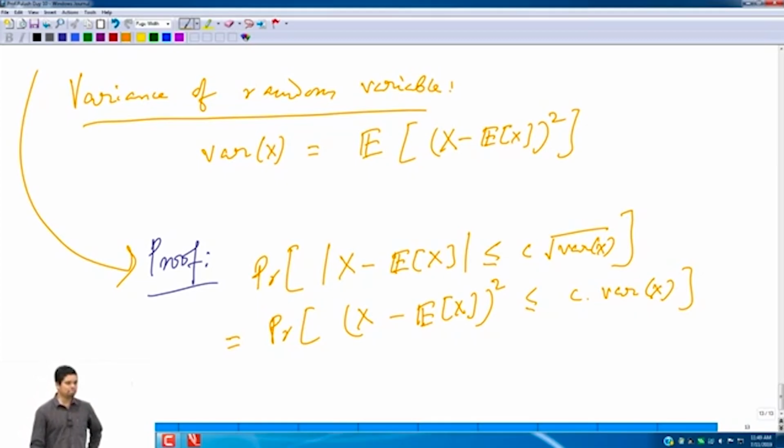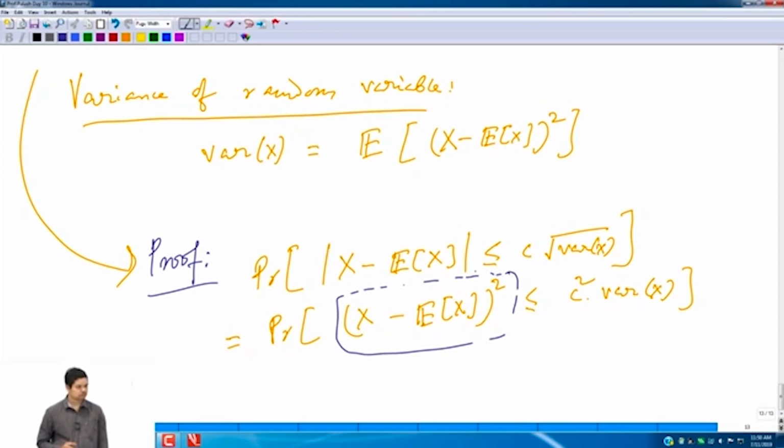Okay. And then c square. And now apply Markov inequality. Markov inequality for this random variable. This is a square, something square, so it has to be non-negative.